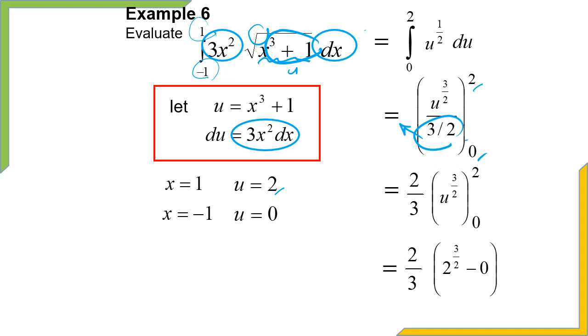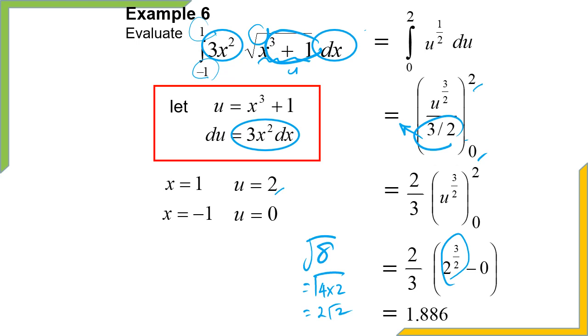So what is 2 to the power of 3 over 2? It will be the square root of 2 cubed, which is 8. The square root of 8 is the square root of 4 multiplied by 2, which is equal to 2 root 2. You can do this using the rules of indices, or directly use your calculator.